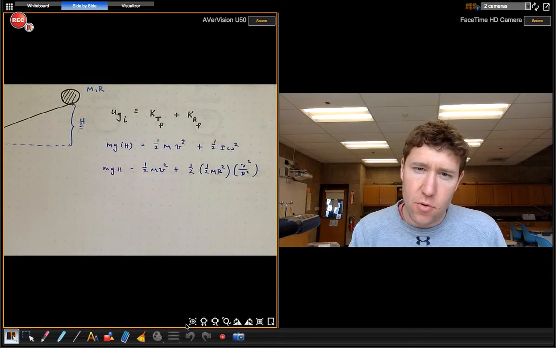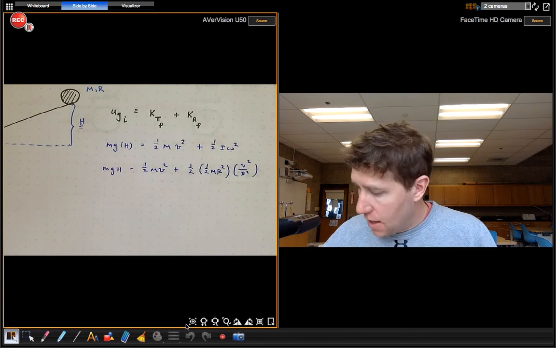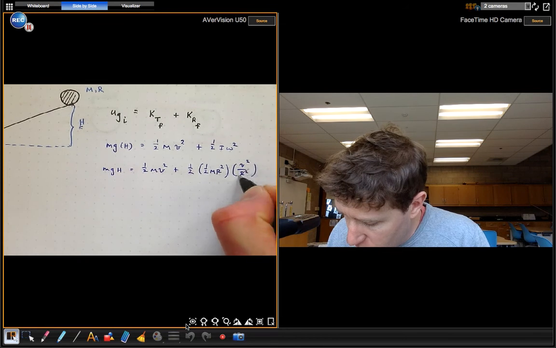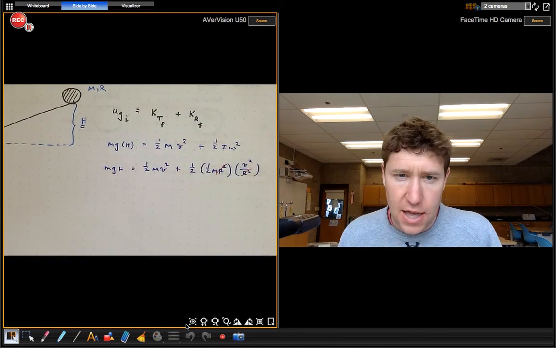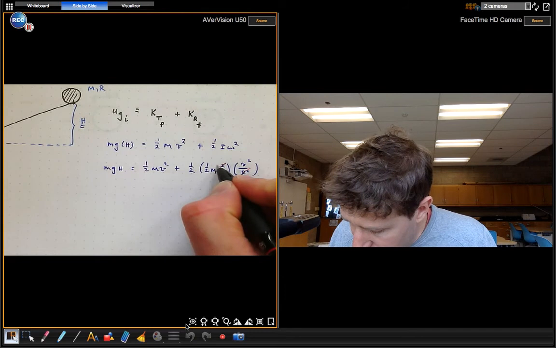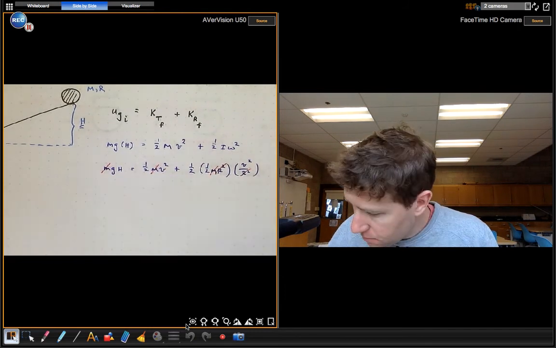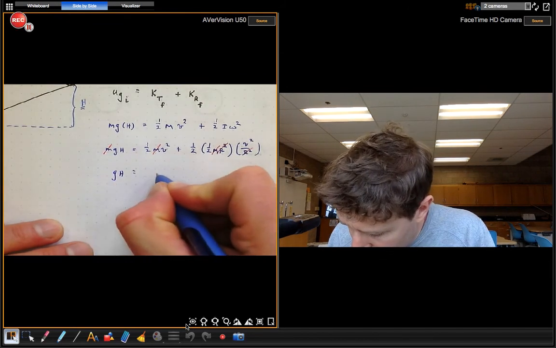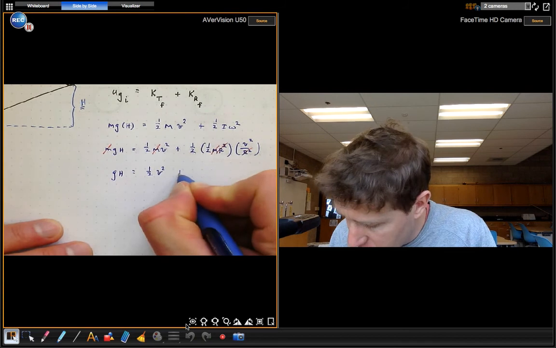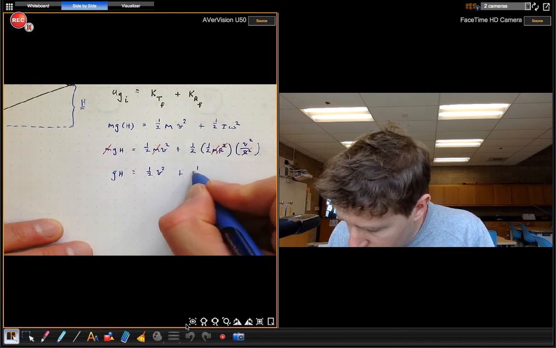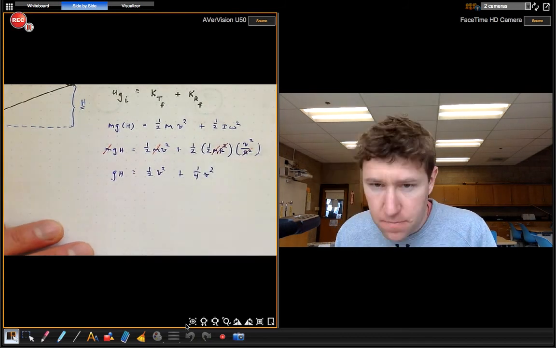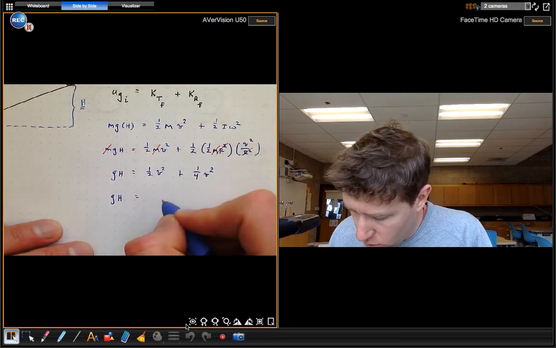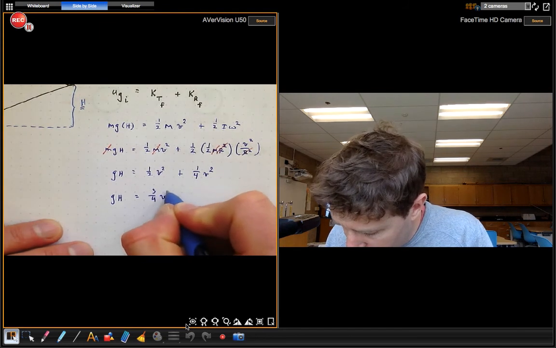Now if I write it this way, I get lots of cancellations. First of all, these two r squareds cancel. I notice now there's an m in every single term. So I can rewrite this expression as gh equals 1/2 v squared plus 1/2 times 1/2, which is 1/4 v squared. So gh equals 1/2 plus 1/4, which is 3/4 v squared.